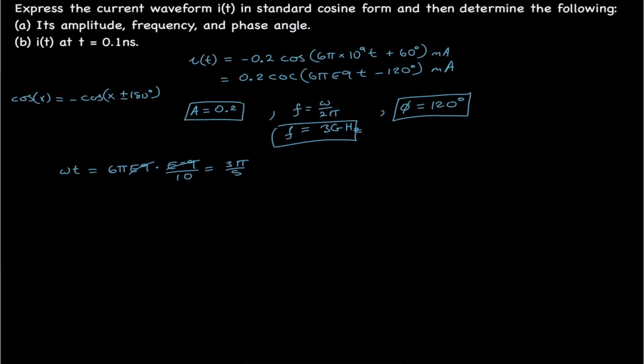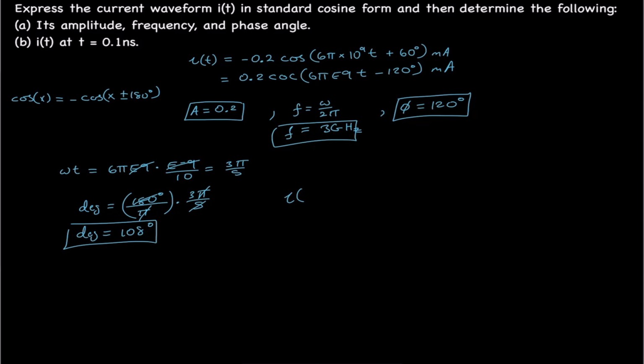We then convert 3π over 5 to degrees, which is 180 over π times the radians. π goes away, 5 into that, and we end up with 108 degrees.